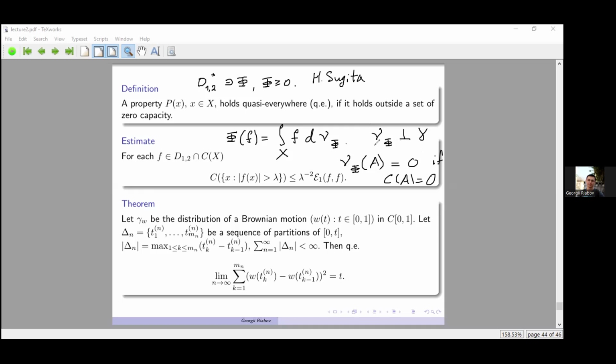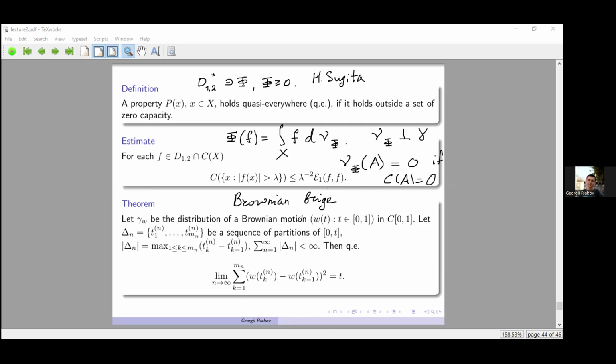One such example is the Brownian bridge. This is a process whose distribution is singular with respect to the distribution of the Brownian motion.